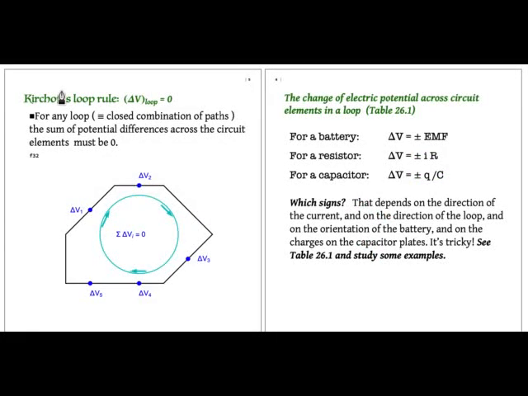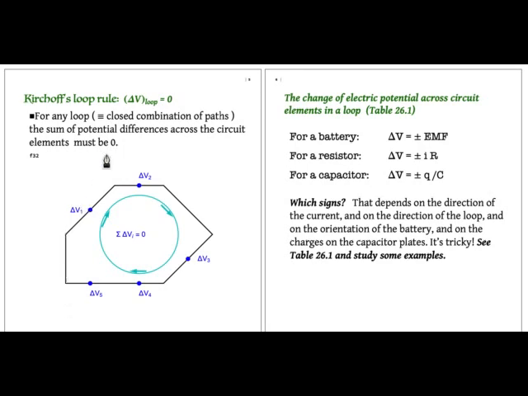The other Kirchhoff rule is Kirchhoff's loop rule. It says that if you look at any closed loop, closed combination of paths within the network, the sum of potential differences around that circuit, across the different circuit elements in the circuit, must be zero.